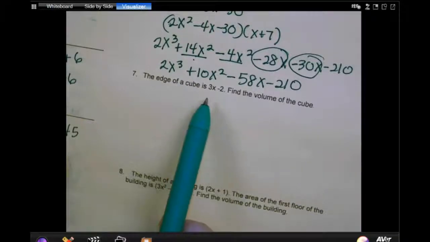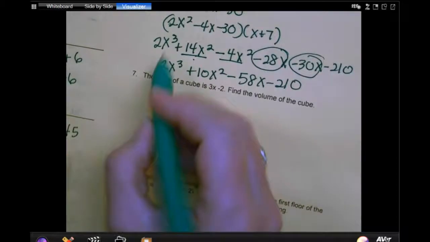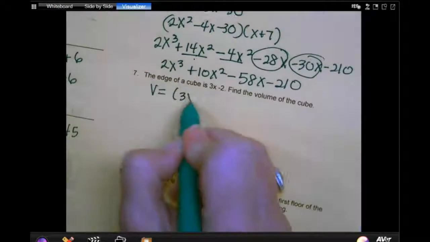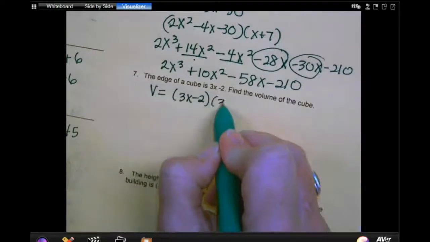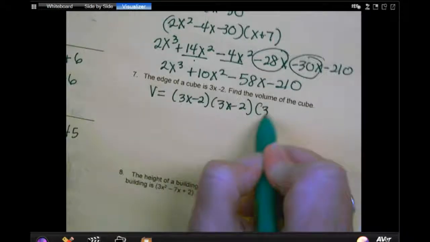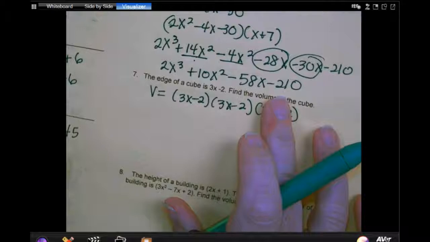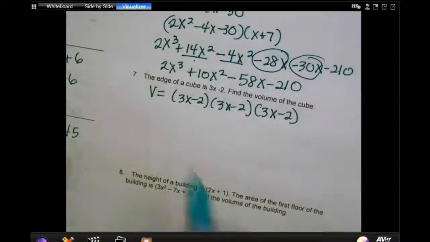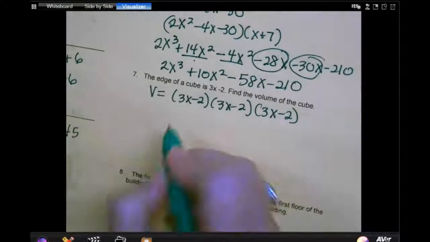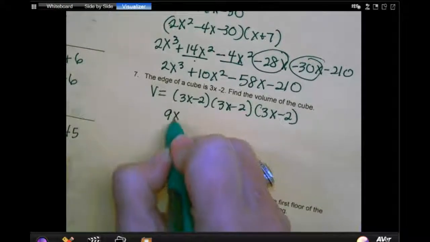But if the length times the width times the height are all the same, I'm going to take 3x minus 2 times 3x minus 2 times 3x minus 2. Length, width, height. And I'm going to start by just multiplying the first two together. Edwin. Multiply. 3x times 3x gives me 9x squared.